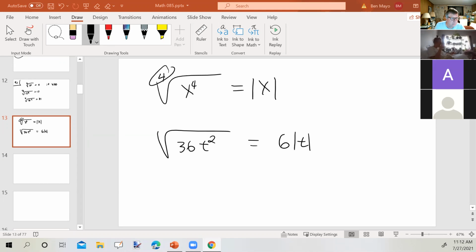Okay, so we're looking at the chapter 9 review. And your question again was, why does 2 use absolute value bars and 3 does not? Okay. All right, that's a good question. Let's take a look.